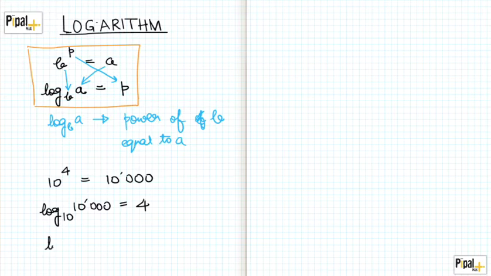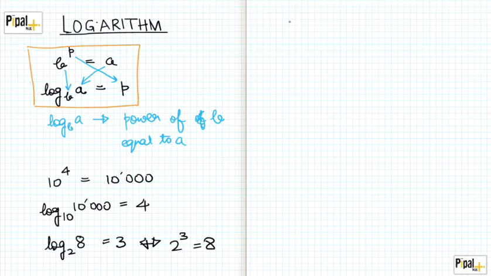Another example: if I am given log base 2 of 8 equals 3, then this is actually another way of writing 2 to the power 3 equals 8.